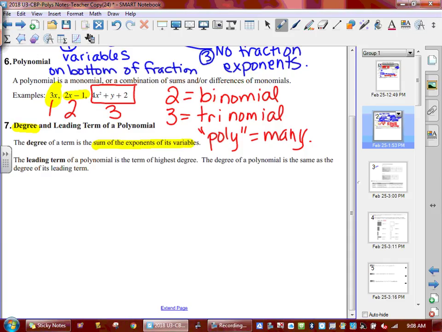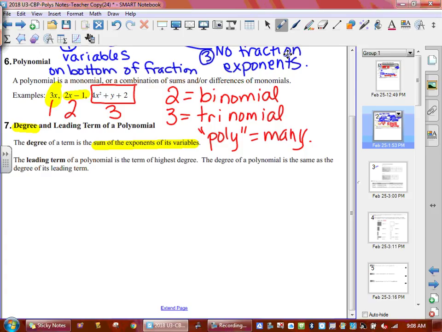So the variables that are connected you can add together. So I'm going to show you examples of that. So here, this would be a positive 2, that's a negative 1. So it's plus a negative 1 or just minus 1.